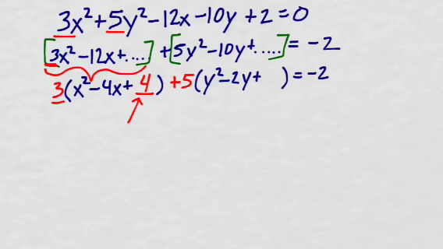But if I finish the math off, I'm going to end up multiplying 3 times that 4, and so what I'm actually adding in that spot is a total of 12 to the left side of the equation. So the left side of the equation is getting added 4 times that 3. It's going to make 12. So I'm going to add 12 to the right side to balance out that 4 times 3 on the left side that I just brought in out of nowhere.